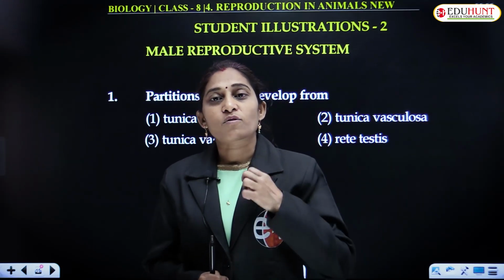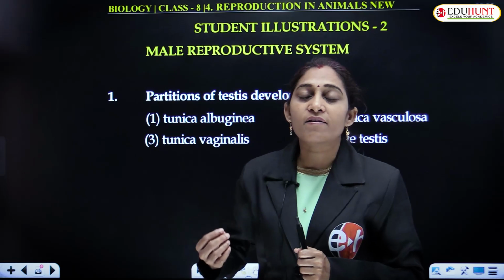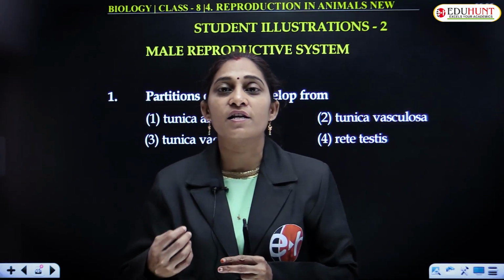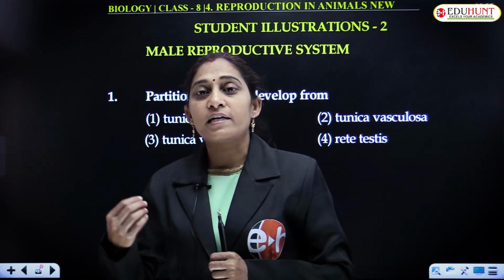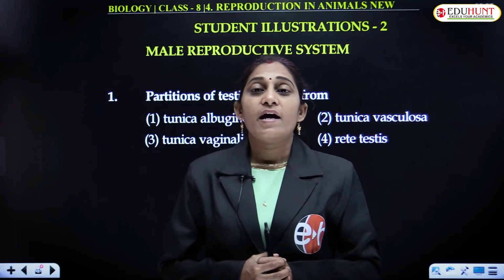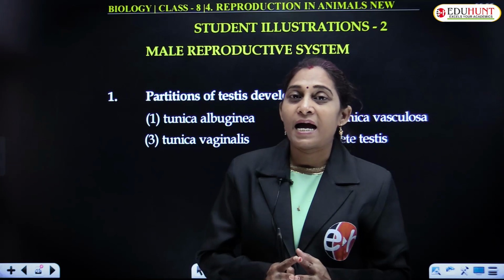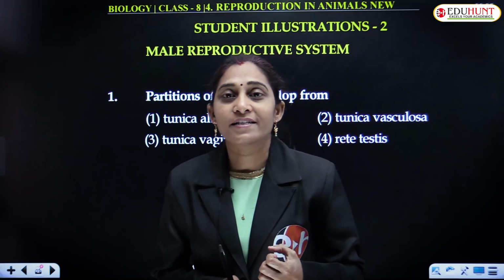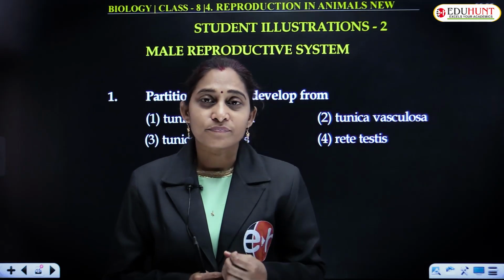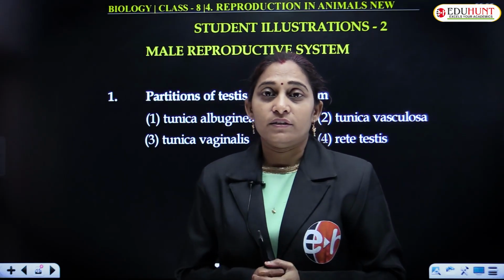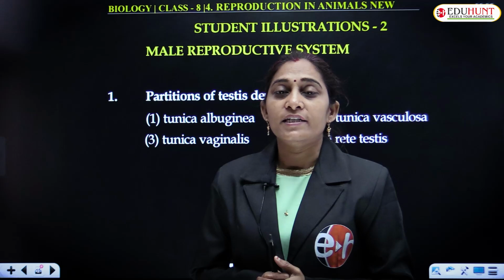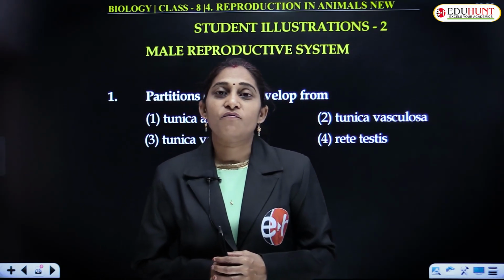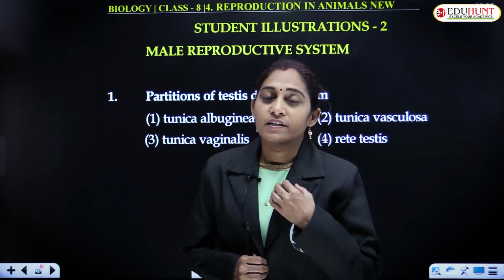So the secondary sex organs are also important for a functional sexual reproductive system. And we have also seen in man how various accessory glands help in movement and in the fertilization process of the male individual.